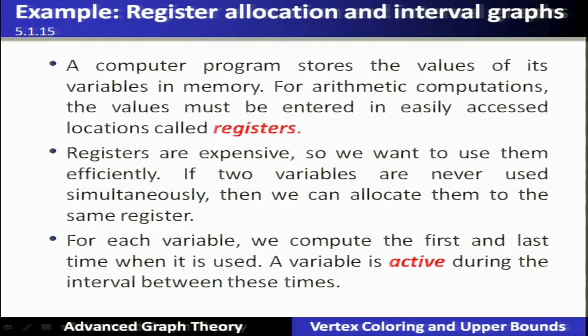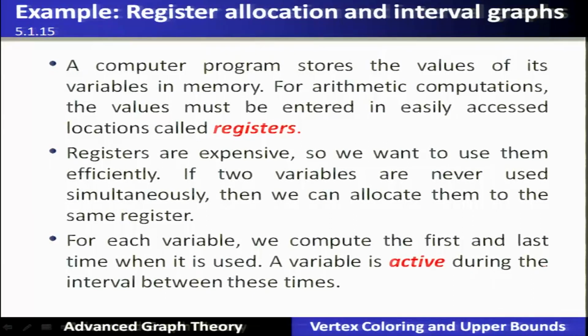Basically, if we see the problem of register allocation in the compiler, normally it uses the register allocation through understanding how variables are going to be used in the programs, and that is represented in the form of interval graphs, and that interval graph will give the vertex ordering, and that ordering gives an optimal coloring through the greedy coloring.